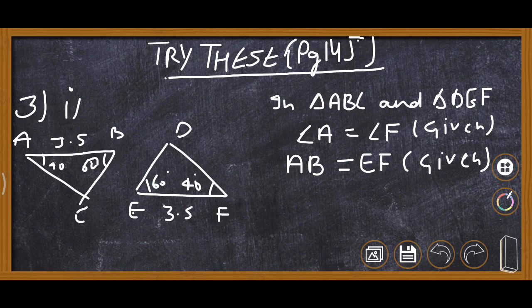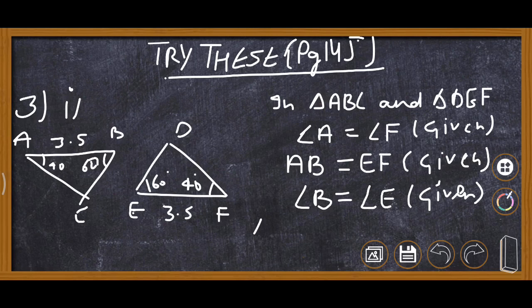After that we will write angle B is equal to angle E, both 60, and we will write it is also given. So here you can see two angles and the side included between these two angles are equal. So these triangles are congruent by ASA.